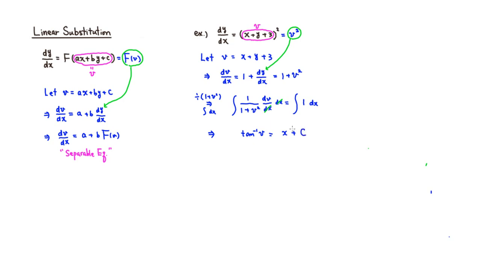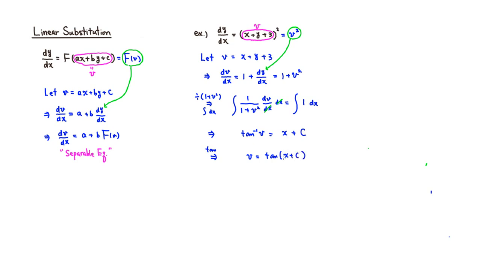So we have that. Since we are looking for y, first we're going to find v. So I'm going to take the tangent of both sides. Then you will get v is equal to tangent of x plus c.